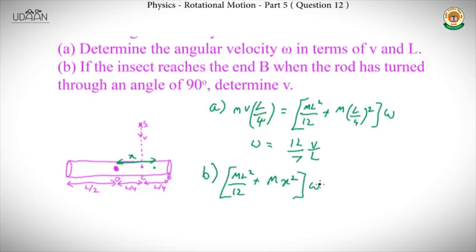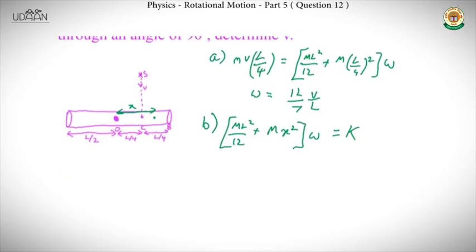Right? Let us take the variable as k. Let k denote the angular momentum at some time t when the insect is at a distance x from the center.